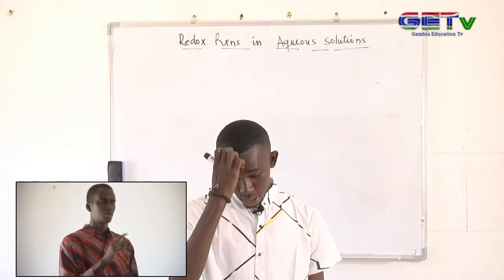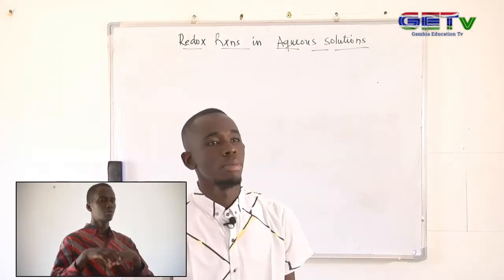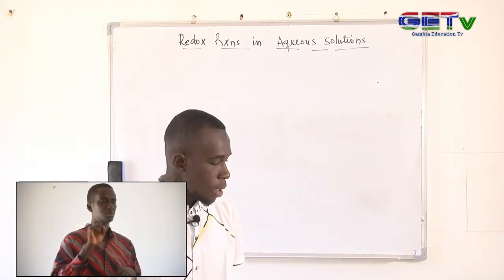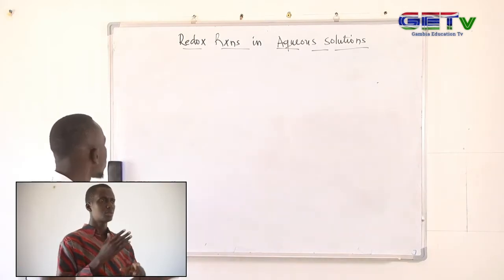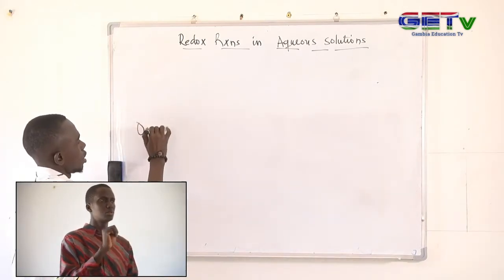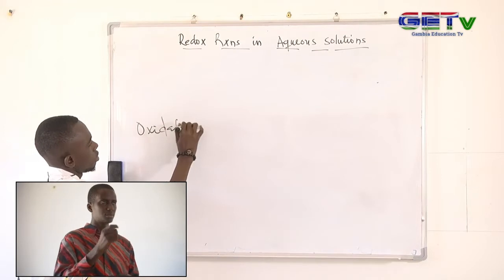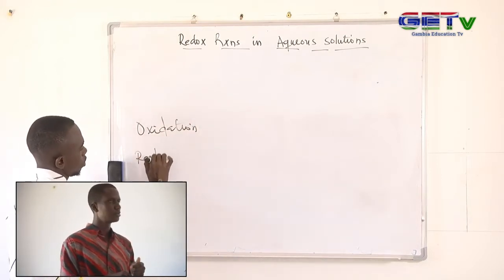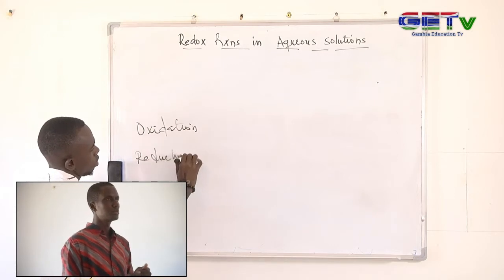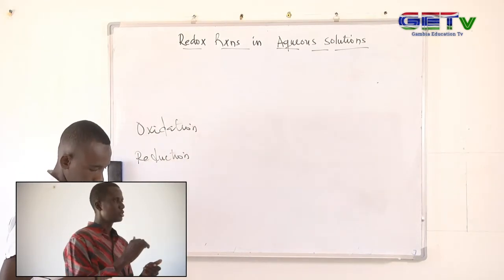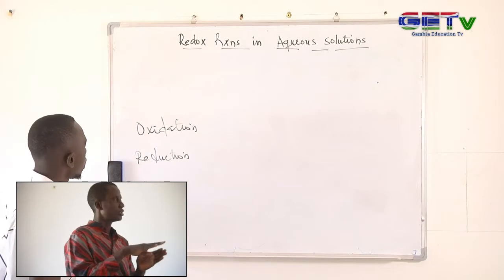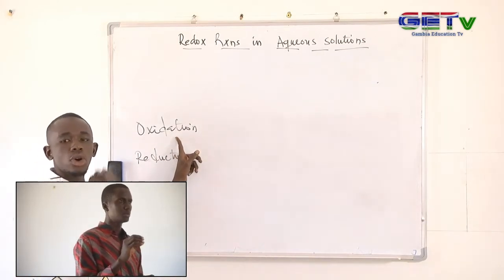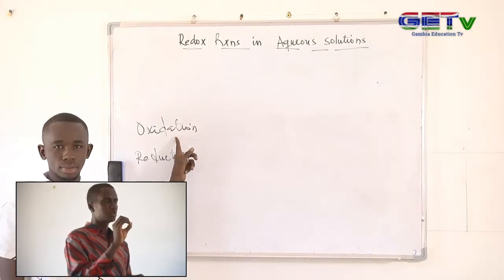Now today, our lessons will be based on redox reactions in aqueous solution. But in our last lesson, we were talking about key terms: one, oxidation, and two, reduction. We said oxidation is the loss of electrons.